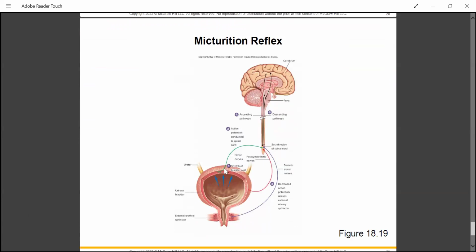So bladder stretches, we get action potentials conducted to our spinal cord that causes the parasympathetic nerves there to increase their input. That's going to cause contraction of the bladder. At the same time, our brain is going to get the signal of the sensory aspect of the need to urinate, and we can voluntarily control our external urethral sphincter to start and stop the flow of urine.